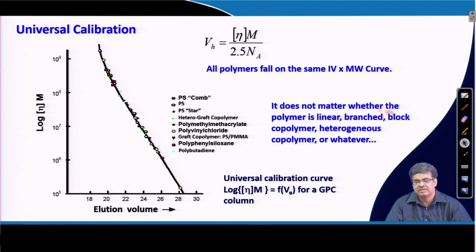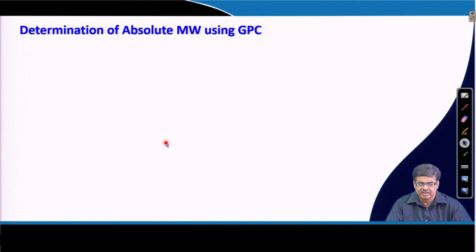It does not matter whether the polymer is linear, branched, block, copolymer, homogeneous, whatever. If we know the intrinsic viscosity and the molecular weight of the sample, then we can construct a calibration curve from which we can determine the molecular weight of an unknown sample. This is called the universal calibration curve.